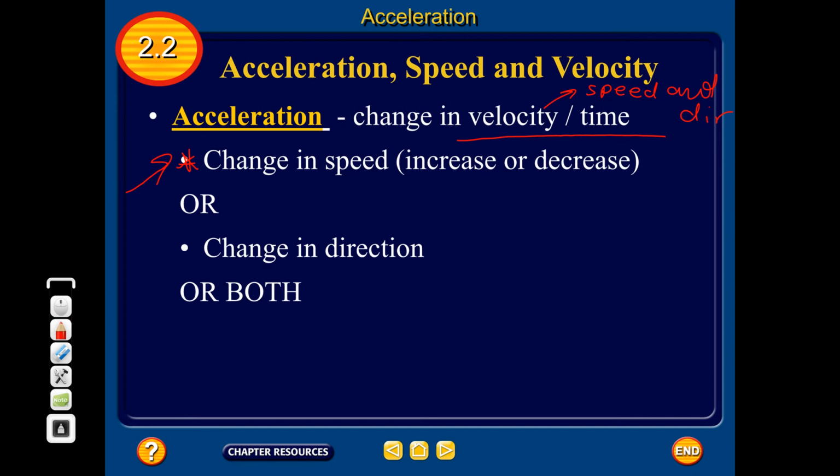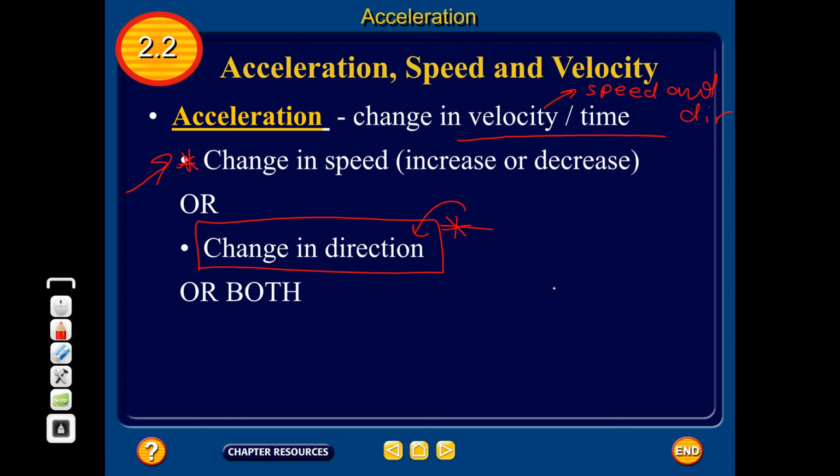Okay? So velocity, we can accelerate by changing our speed, increasing or decreasing, but we can also accelerate by changing direction. And this is always the one that's asked about. They love asking about this of how can you accelerate but maintain the same speed? By changing direction. If we change direction, we change velocity.